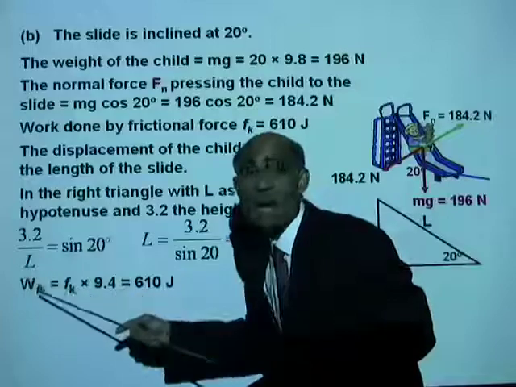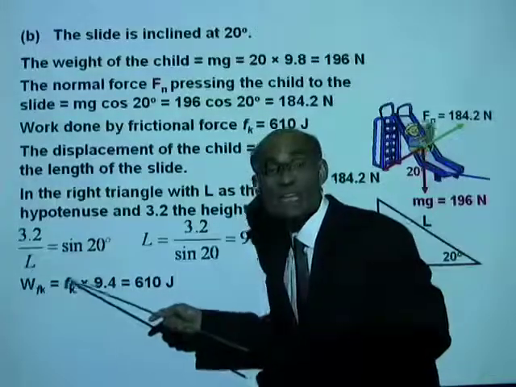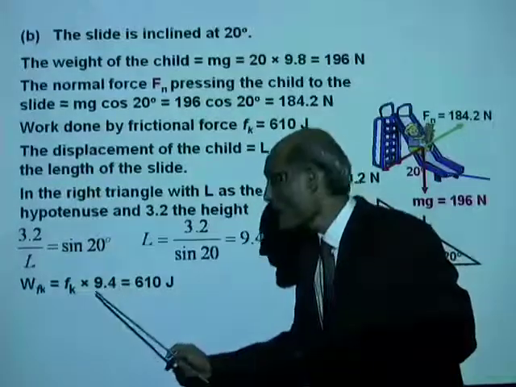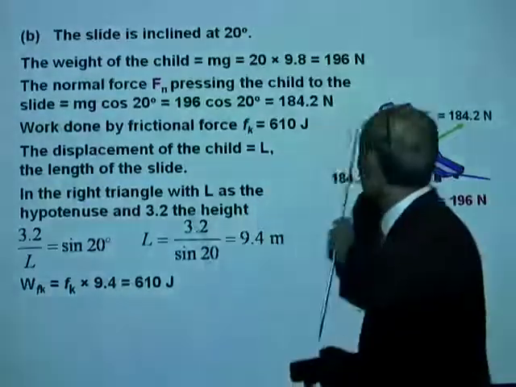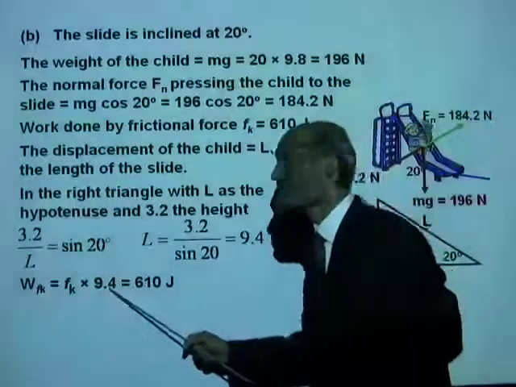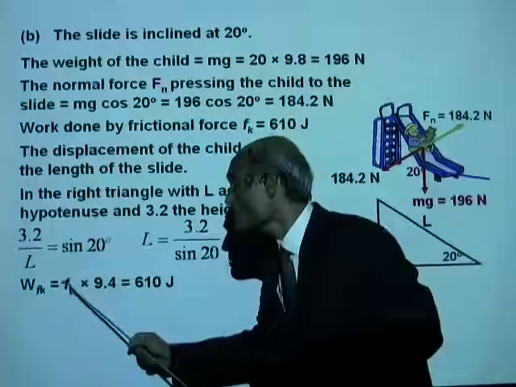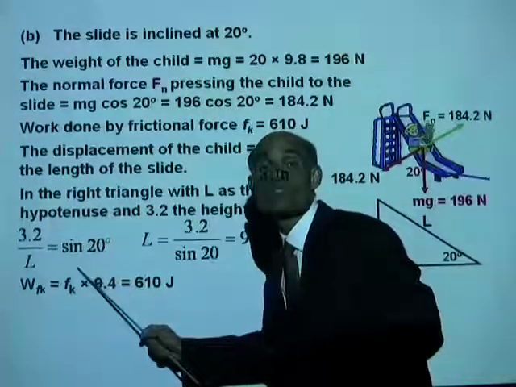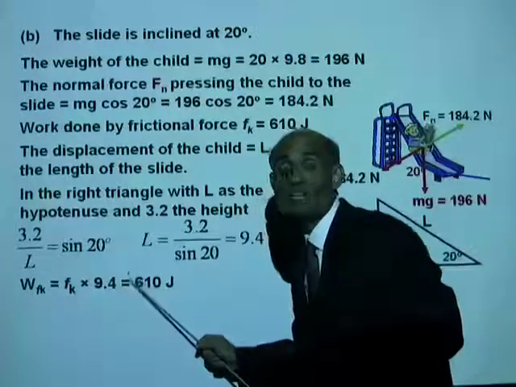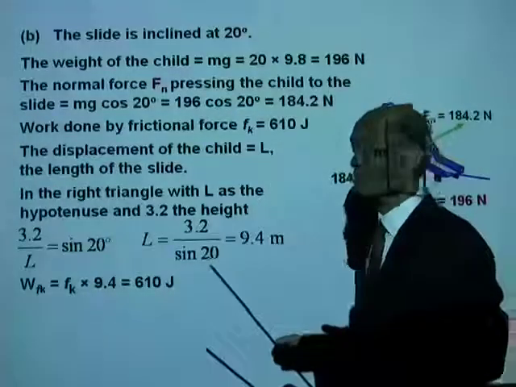The work done by the force of kinetic friction is the force of kinetic friction multiplied by the displacement. The displacement is the length of the slide, which is 9.4. So Fk multiplied by 9.4 is the work done by the frictional force, and we know its value is 610 joules.